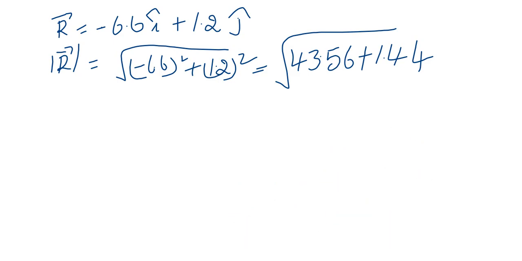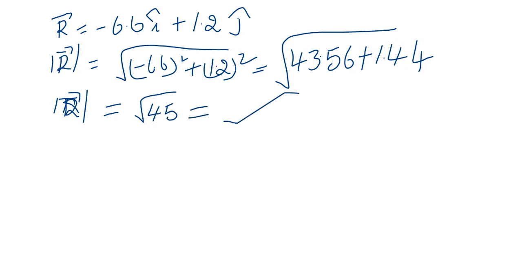So the magnitude of R bar is root 45, which is 3 root 5.